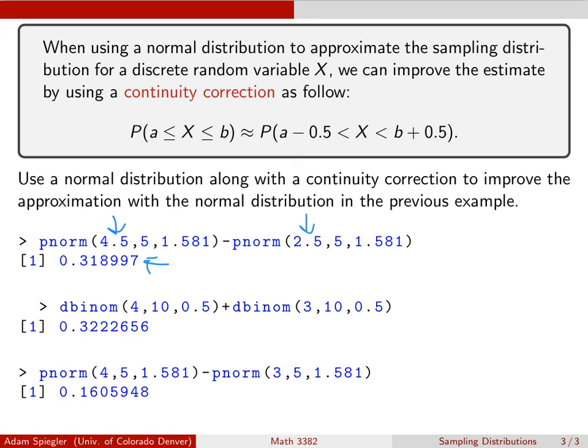Going these half units further to the left or to the right adds up the full bars that we saw over 3 and over 4 in the discrete distribution. We're including those little slivers of area that we left out when we started at 3 exactly and at 4 exactly. We weren't getting the full area of those two rectangles.